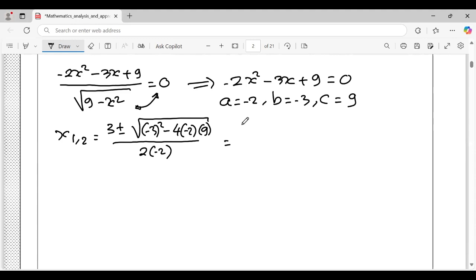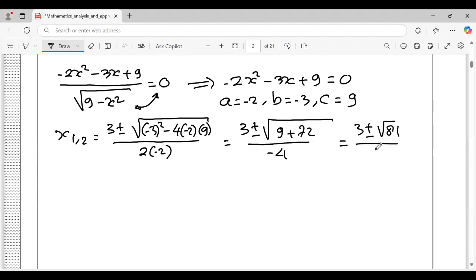It is 3 plus or minus square root of 9 plus 4 times 2 times 9, 72, over minus 4, and it is 3 plus or minus square root 81 over minus 4, so 3 plus or minus 9 over minus 4.